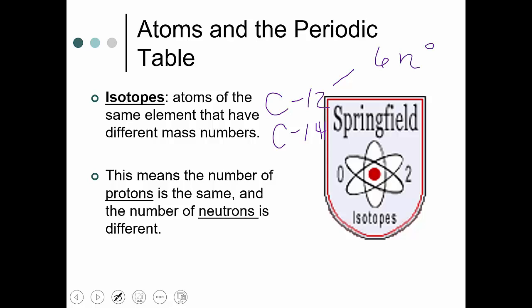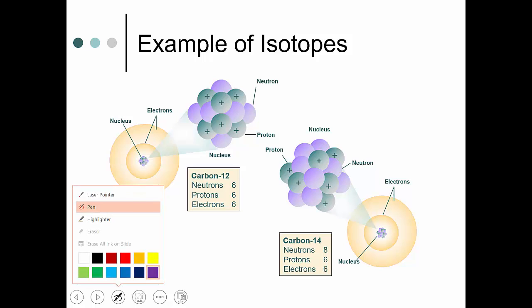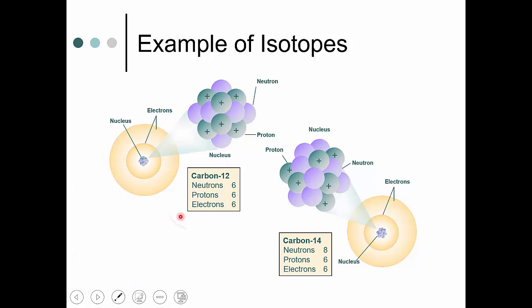The abbreviation is N with a little O up above it, whereas carbon-14 must have 8 neutrons. So again, here's an illustration of those isotopes here, okay? So carbon-12 over here still has 6 protons because it is carbon, okay? But it has 6 neutrons. So when we add the 6 protons and neutrons together, we get that mass number of 12. That's one version of carbon.